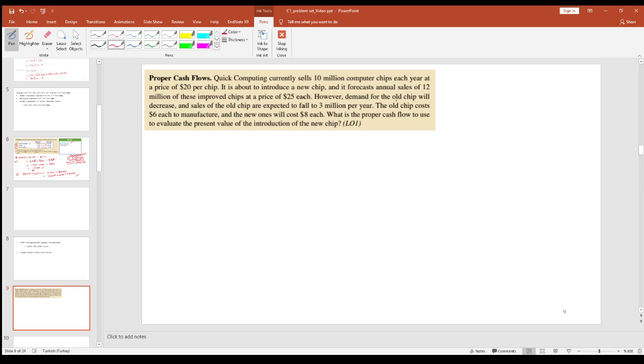However, demand for the old chip will decrease and sales of the old chip are expected to fall to 3 million per year. The old chip costs $6 each to manufacture and new ones will cost $8 each. What is the proper cash flow to use to evaluate the present value of the introduction of the new chip?